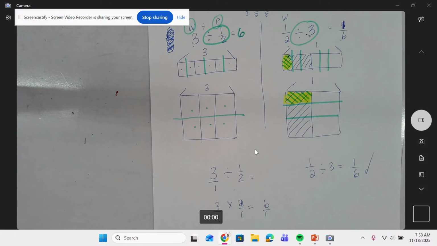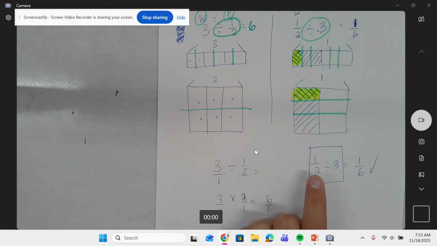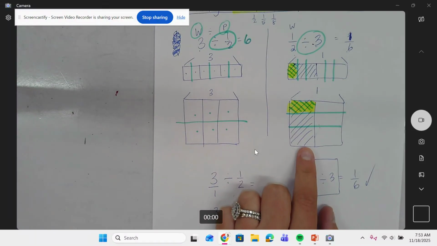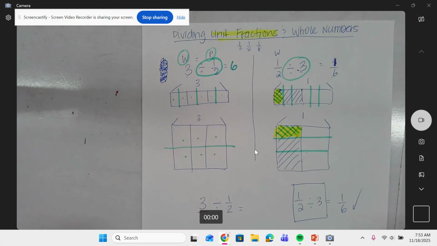But in a word problem, they have to be able to pull this out of it. And unfortunately, in a word problem, they don't just get this. And so that's where the models come in. It's to help them slow down their thinking in a word problem and not just do stuff with the numbers, because that's what they think they need to do.